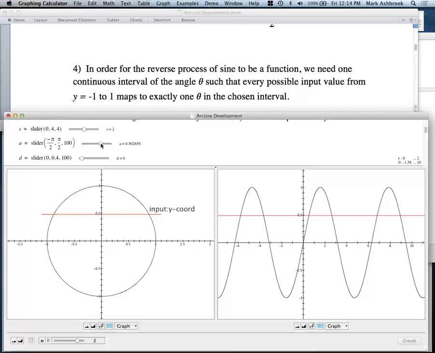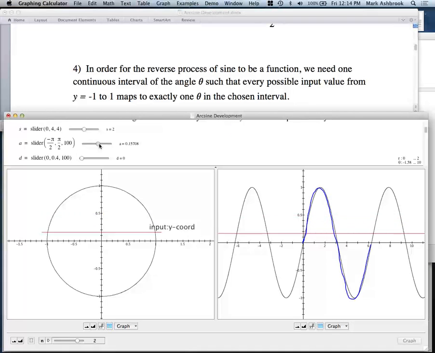Yeah? What's that? One revolution. Will it do it? So here we go. Good suggestion. Let's try that. So he wants us to take the interval of angles, say from 0 to 2 pi. We're just going to take what I've highlighted in blue, and will that give us one output angle for every input y coordinate? Does it work? Look at the blue part of the graph.